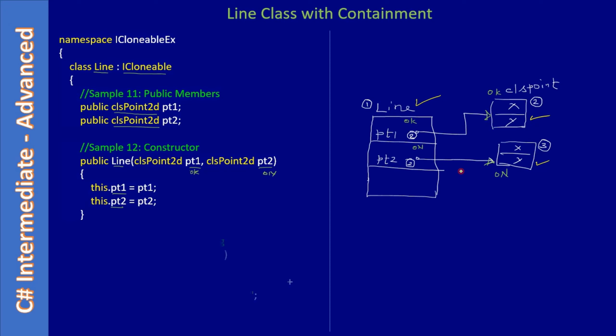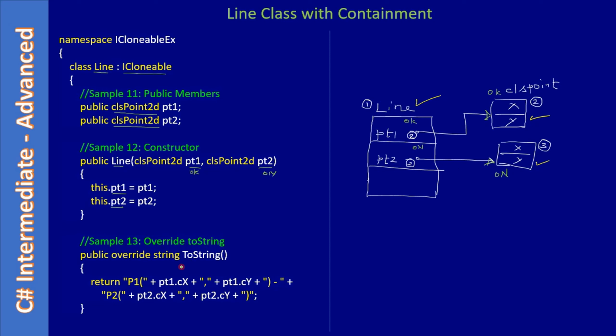All right. Next we have an override for ToString, and here we are printing the content of P1 and P2. There are 2 points, right? So we call the first point P1, the second point P2. Then we specify its X and Y coordinates.